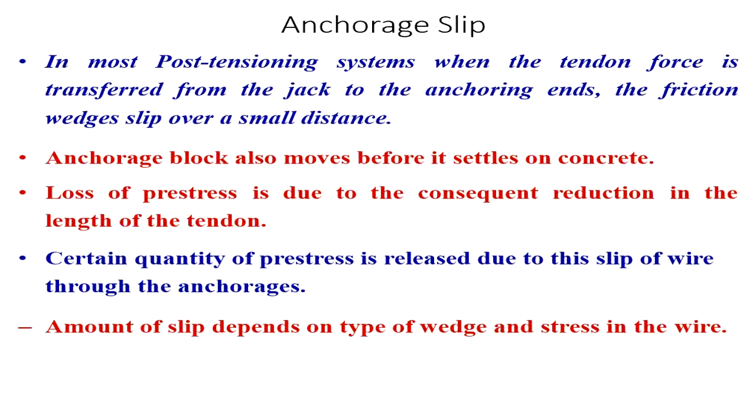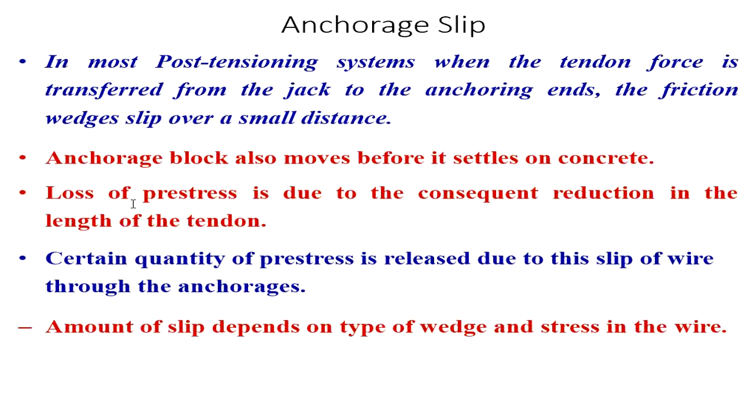In most post-tensioning systems, when the tendon force is transferred from the jack to the anchoring ends, the friction wedges slip over a small distance. The anchorage block also moves before it settles on the concrete.